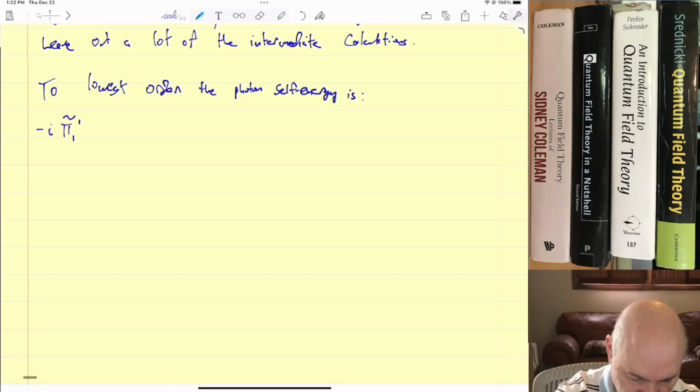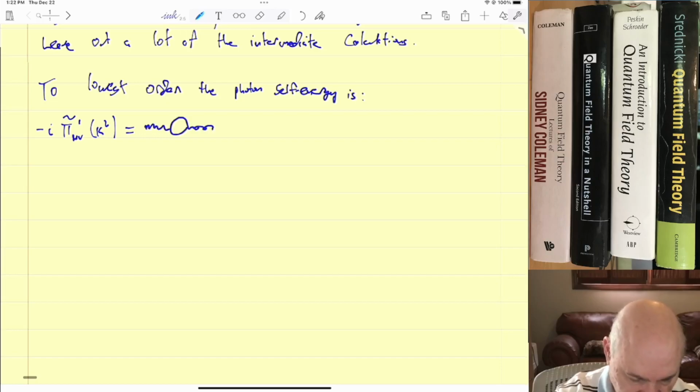Prime is usually the renormalized quantity. We basically have three diagrams to calculate here. First, we have the photon with the meson loop.